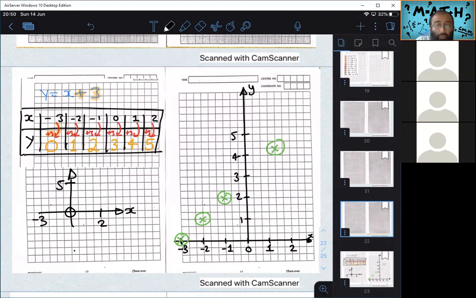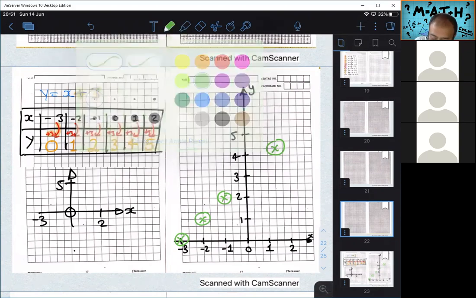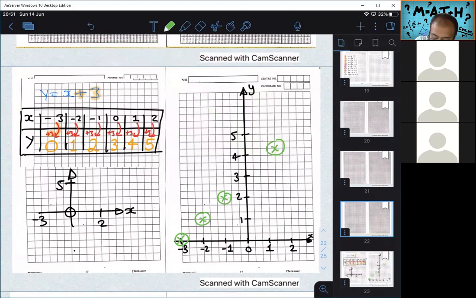Because the line was beginning to get wonky, that's how I knew there was something wrong. So 0 is 3. That's better. 1 is 4, which is over here. Yeah, and what's 2? 5.